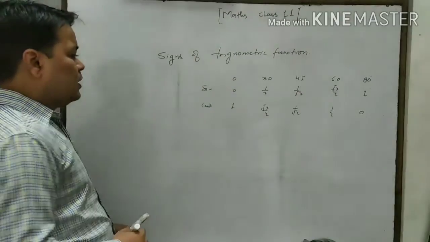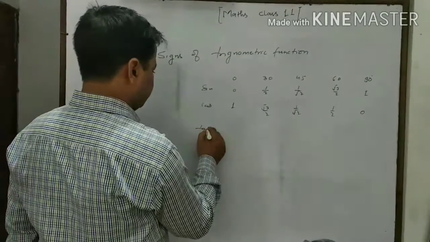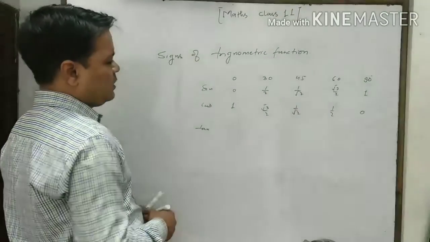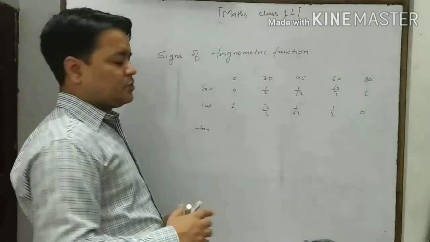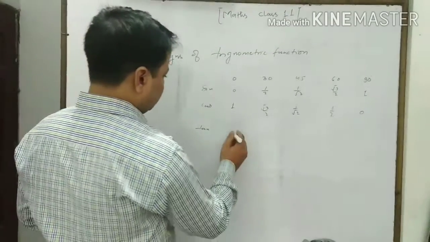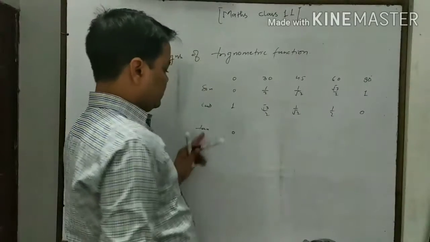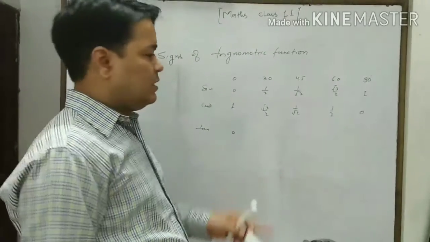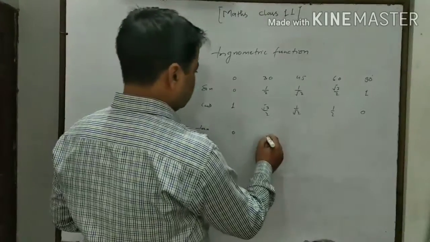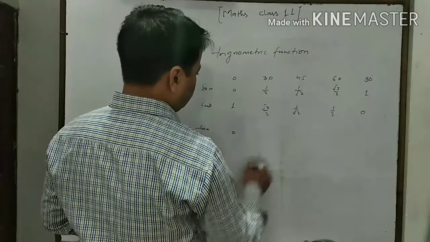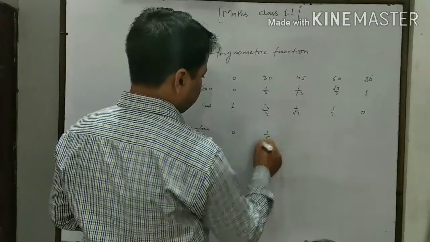Now tan 0 means what? Tan 0 means sine 0 upon cos 0, means 0 by 1, that is 0. Similarly tan 30 means sine 30 upon cos 30, and its value will be 1 by root 3.